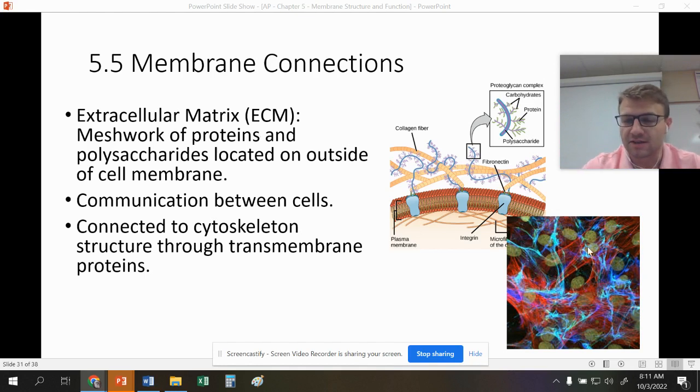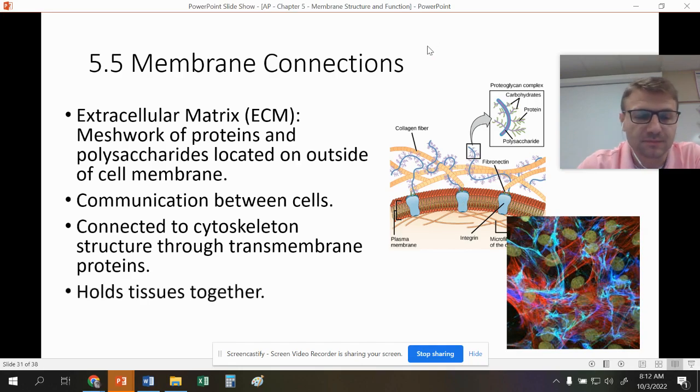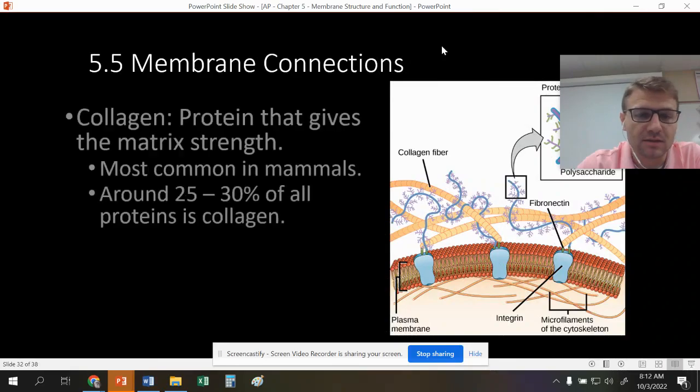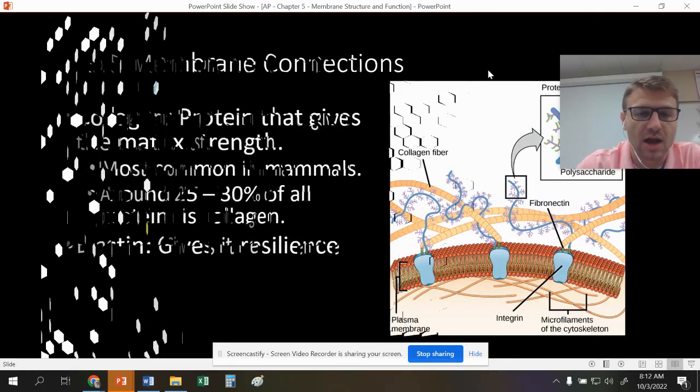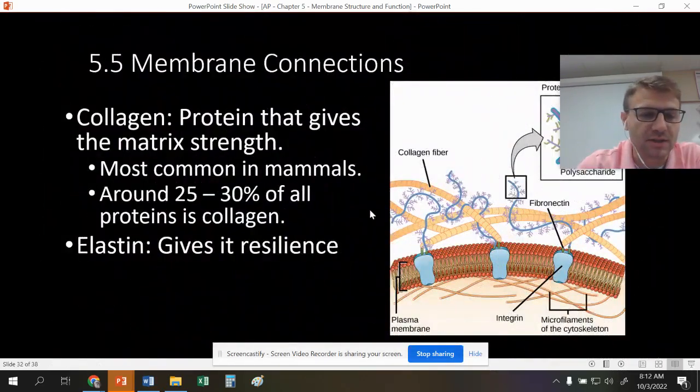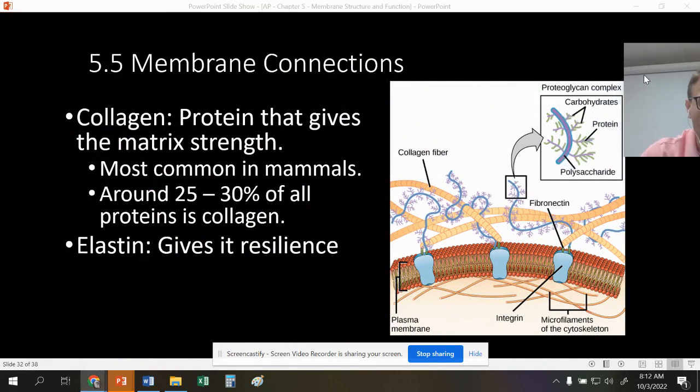The green stuff in this image is the extracellular matrix. You can see it's connected to the cytoskeleton through the transmembrane proteins. The cytoskeleton is beneath here, and you can see the collagen fibers on the outside, connected by these transmembrane or integral proteins. This holds tissues together. Collagen is the most abundant protein you're going to find in your body.